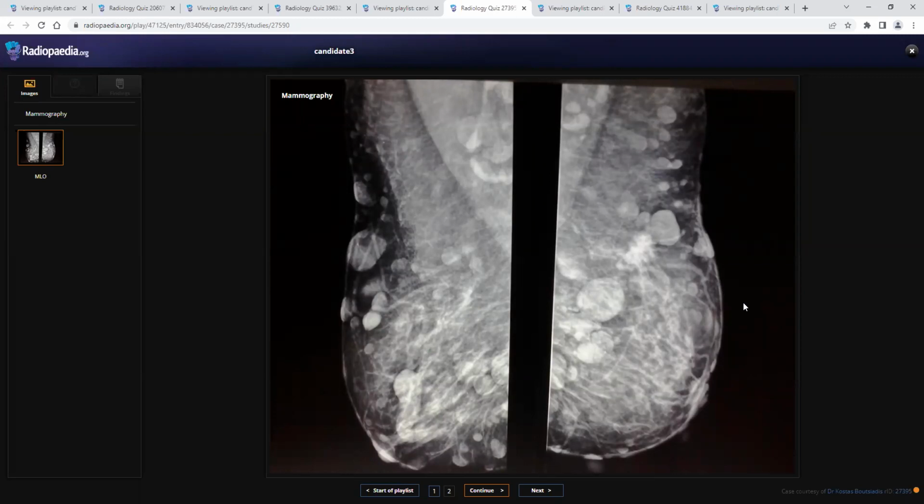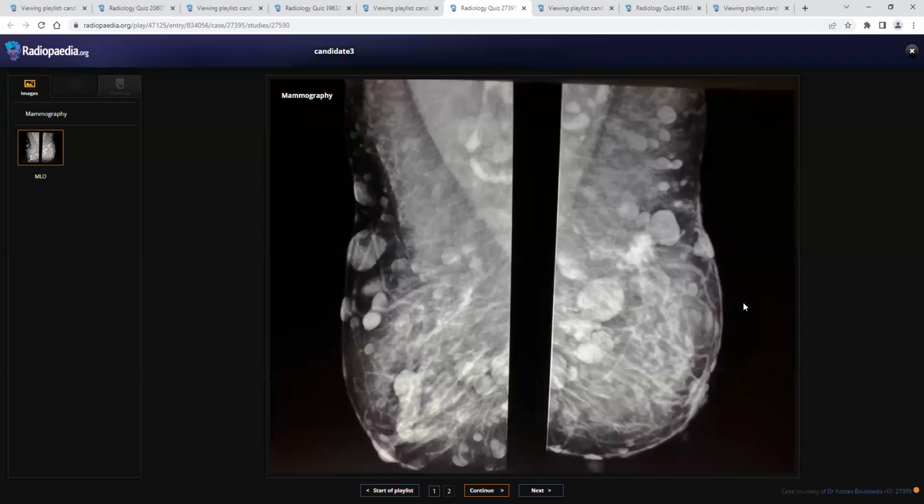The breast parenchyma appears to be fibroglandular. I can see an ill-defined spiculated soft tissue lesion in the upper part of the, I think, right breast, and there is adjacent.